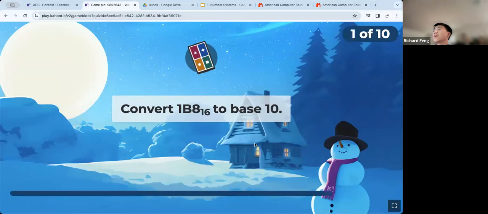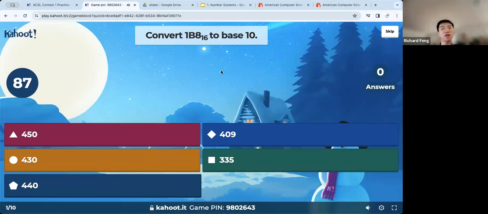Okay, convert 1B8 in base 16 to base 10.